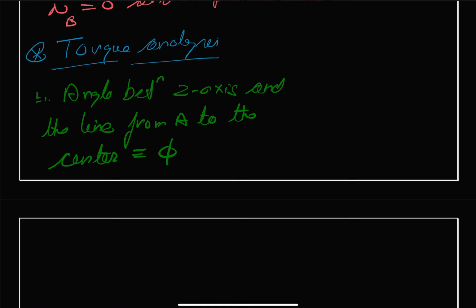So our z-axis is something like this, and our point of contact is like this. And our center is, suppose, somewhere here. This is the line joining. So we know that this is our radius R, and this height is our h, which we found as the square root of R square minus small r square.